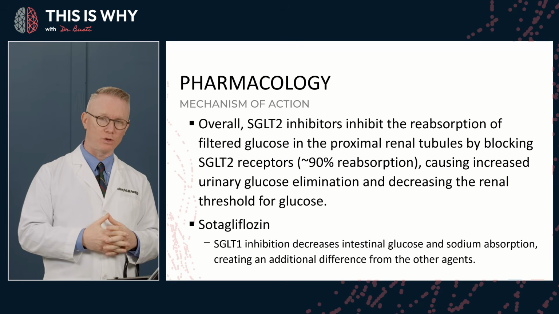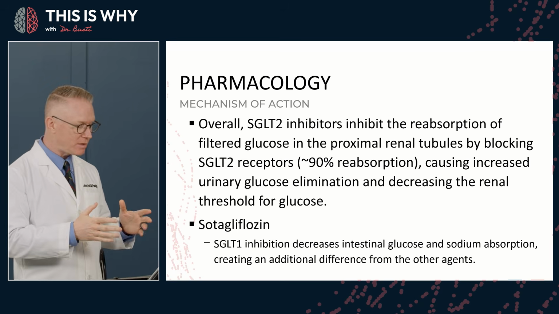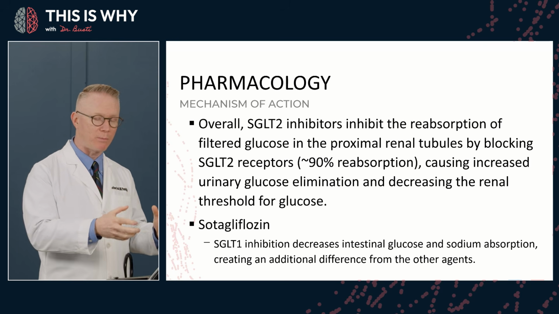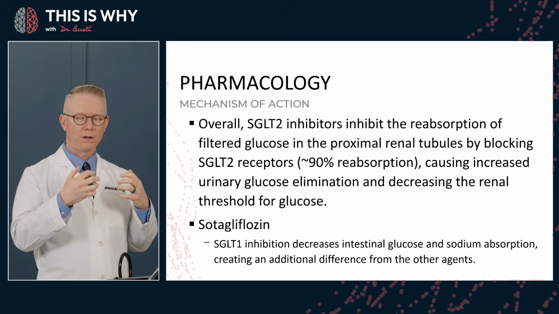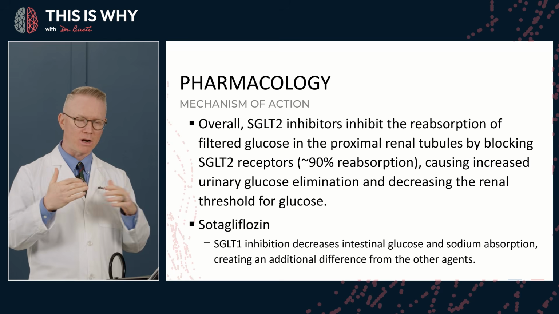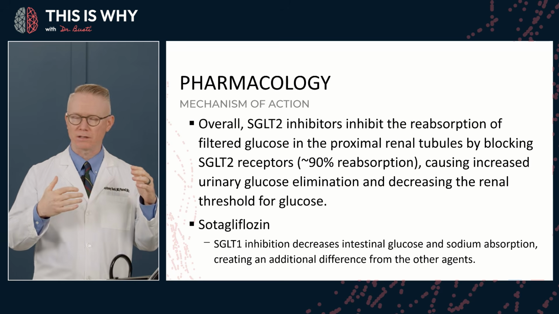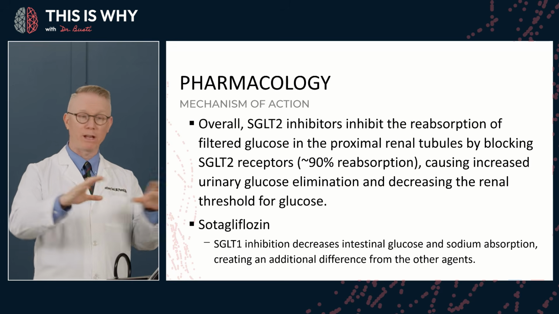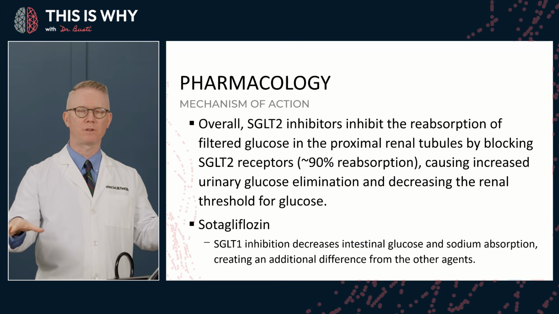Okay, now we're going to pivot over and dive a little bit more into the details of that mechanism that I just started talking about. So when we think about SGLT2 inhibitors, they inhibit the filtered glucose that makes it into the proximal renal tubule. We prevent it from being reabsorbed. Now, in normal physiology, our kidneys are helping to regulate electrolytes and fluid and glucose and things like that, and we want to get rid of waste products that are not supposed to be there.